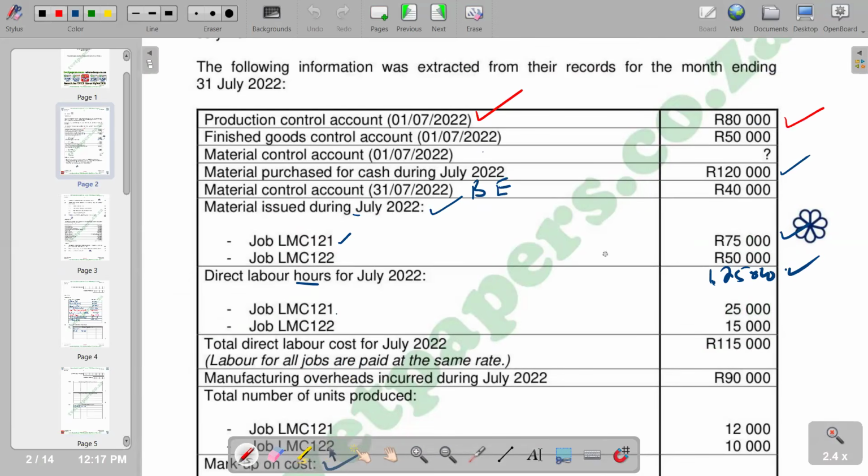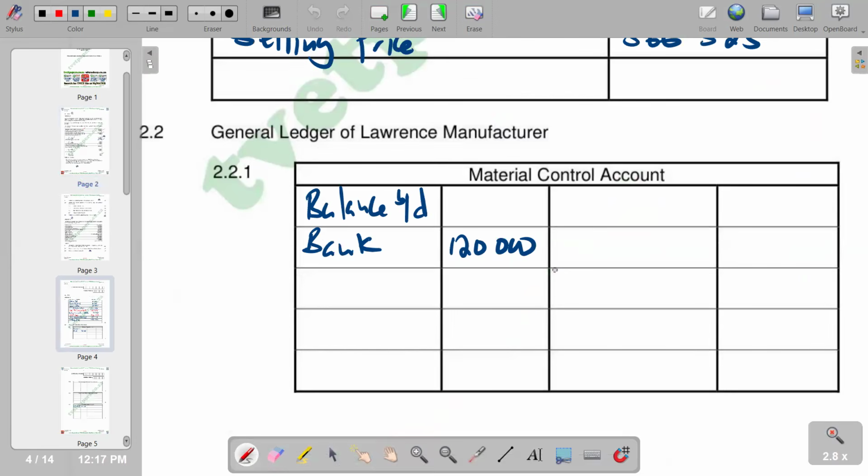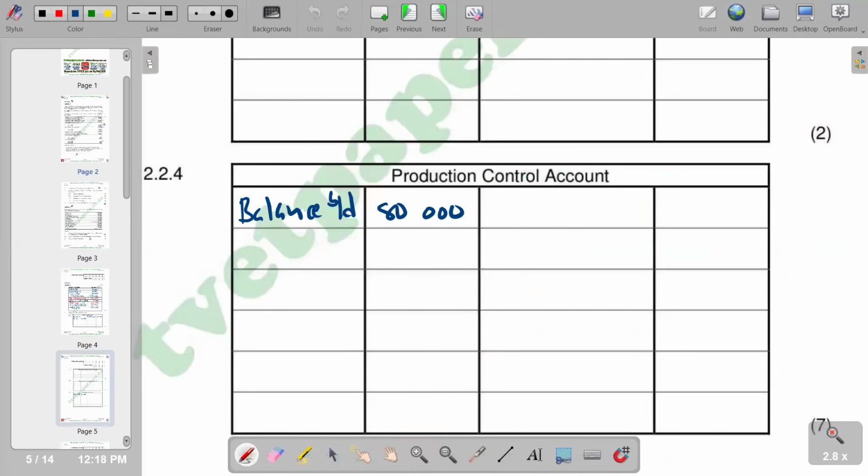So we credit the material control 125,000, and it goes with production control, 125,000, and then we debit production control. And it's coming from material control.